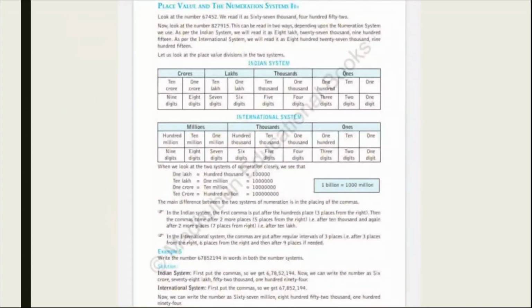Okay, now our next concept is place value and the numeration system. There are two types of numeration system, which are the Indian system and the international system. In both systems there are major differences.